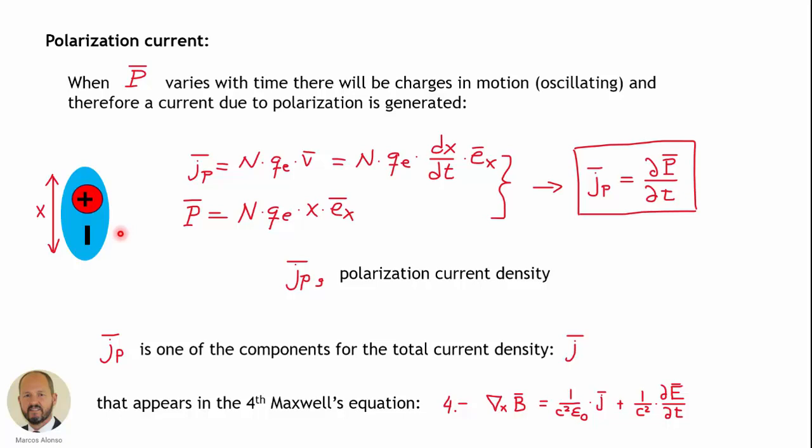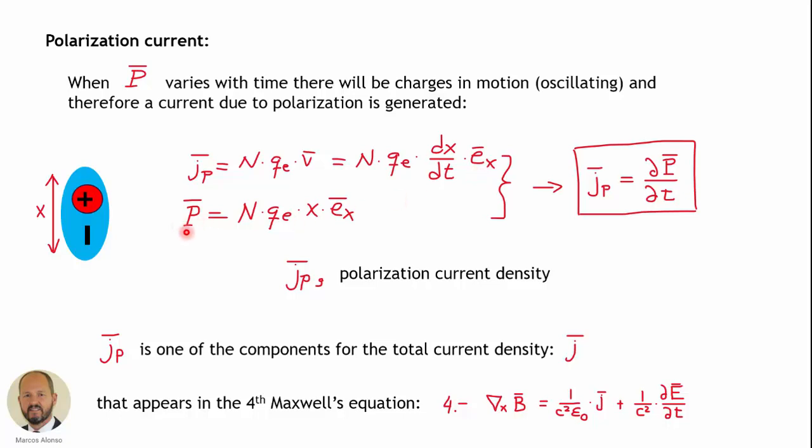We can calculate this current as shown here with these two simple equations. First, the current density is the number of charges times the value of the charge, here the charge of the electron, times the speed of the charge, which can be expressed as shown here. The speed is the derivative of the displacement with respect to time times a unit vector in the direction of the displacement.